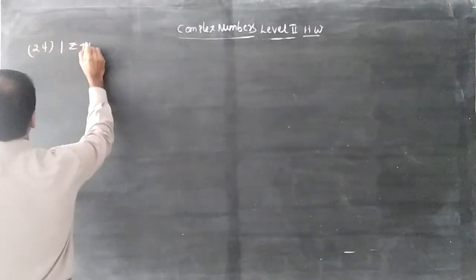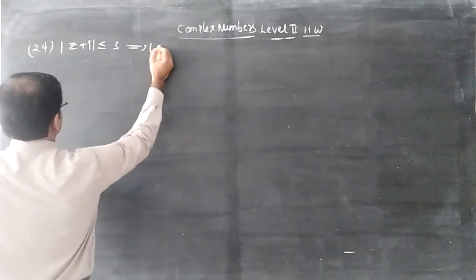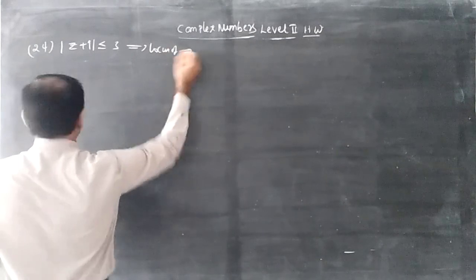Condition: modulus of z plus i less than or equal to 3, then find the locus of z.